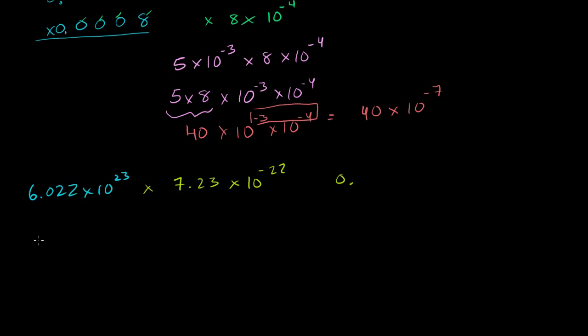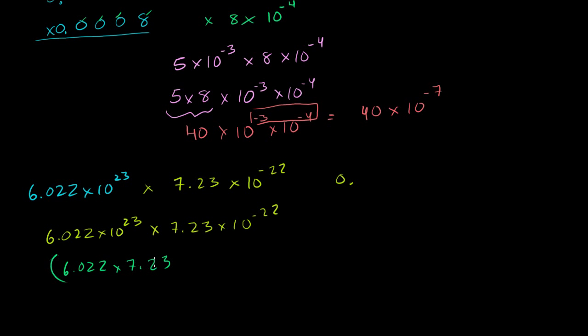This is going to be equal to, let me write it properly, 6.022 times 10 to the 23rd times 7.23 times 10 to the minus 22. We can change the order. So it's equal to 6.022 times 7.23. That's that part.